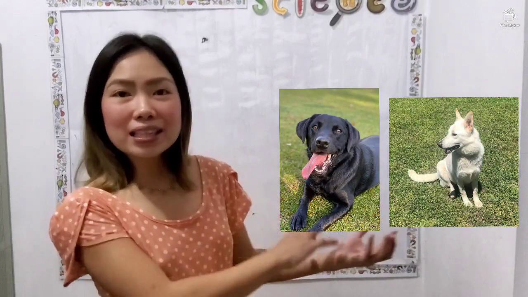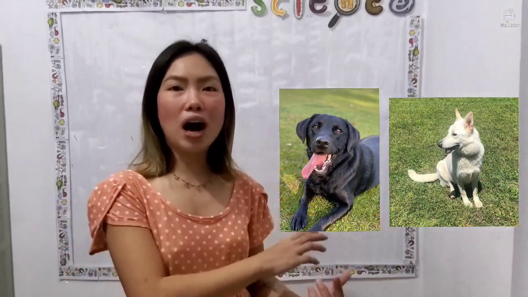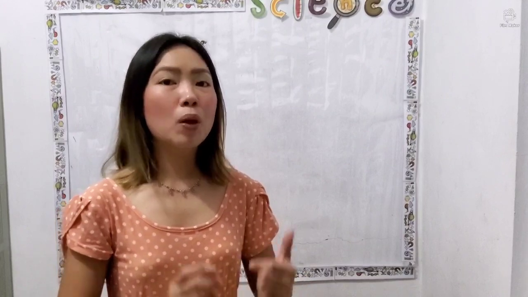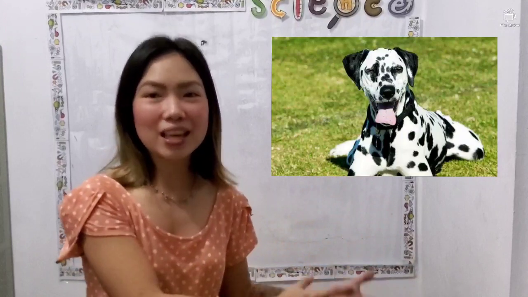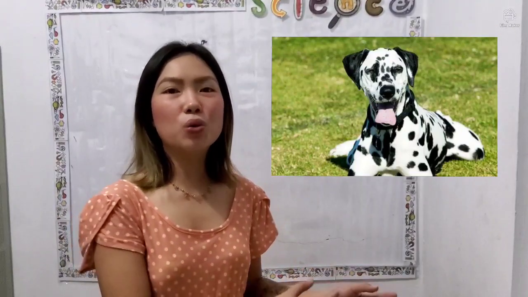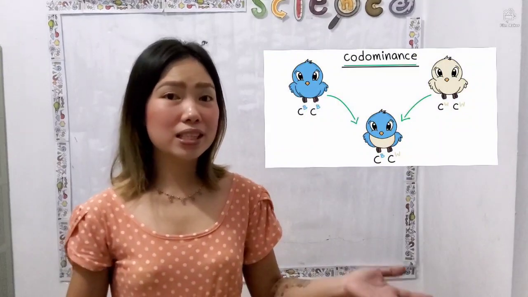Na nung nag-combine silang dalawa, nung nag-cross silang dalawa, ang nangyari, hindi gray ang lumabas. Sa incomplete dominance yun. But what happened is that both the color of black and white is both seen in the offspring. Kaya meron tayo ng mga tinatawag na patak-patak ang kulay na nakikita mo parehas yung kulay dun sa balat nung aso or other animals. So let us have an example of codominance.